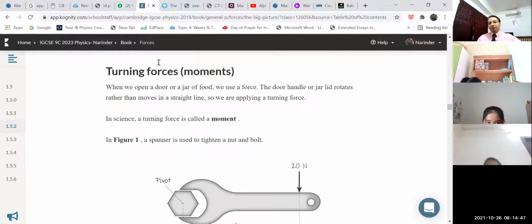One more example, children, I want to give you: the seesaw. Everybody knows that when we were kids, we always liked to visit a park, and our tendency was to go and sit and enjoy on the seesaw.